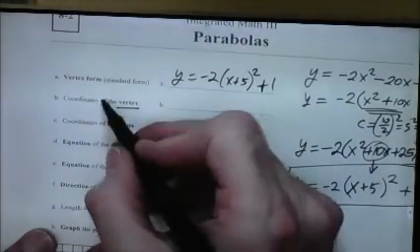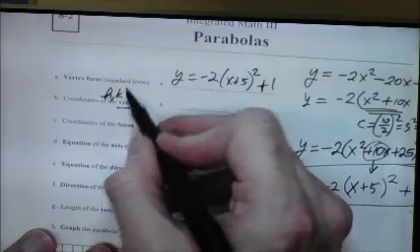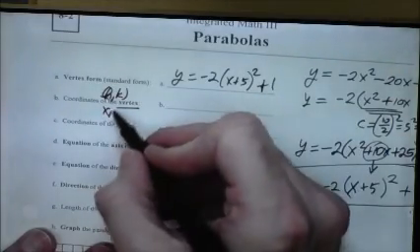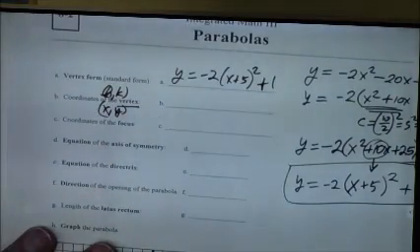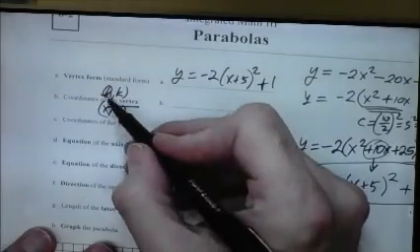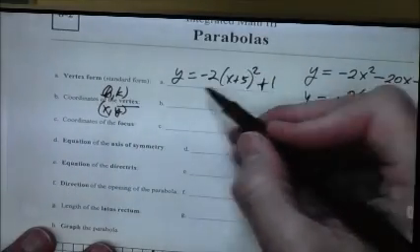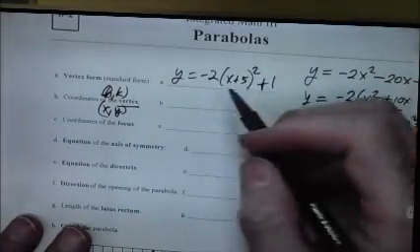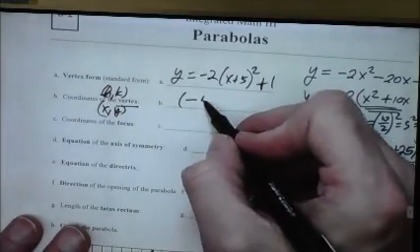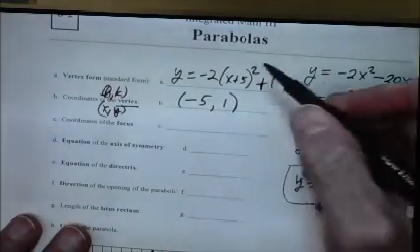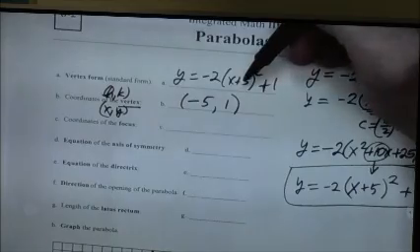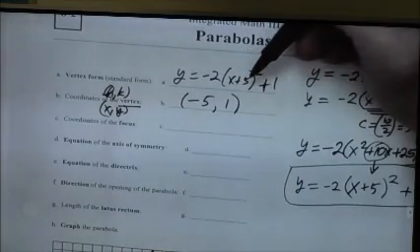And remember the vertex is h and k, or an easier way to think of it is x and y. It's a point, but that point, x and y, it's the h that's in here, and it's the k that's in here. But you have to remember something else now. The x value in here, it's x minus that value.